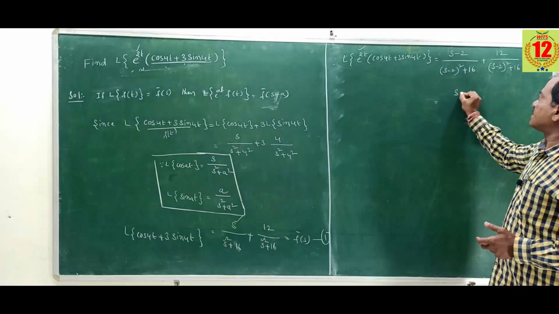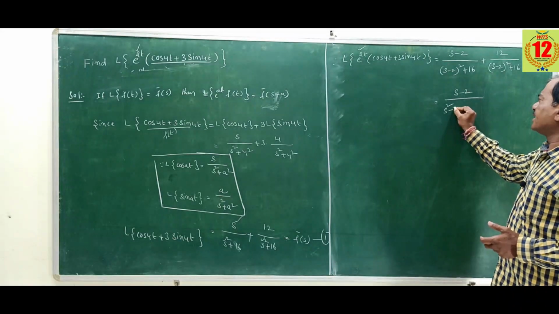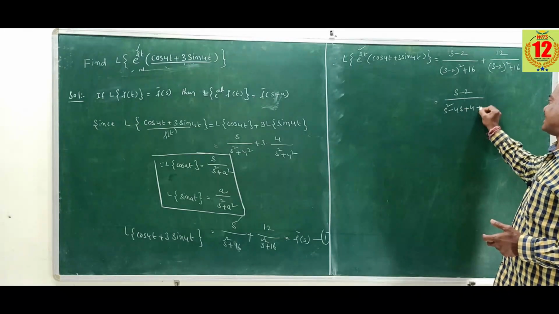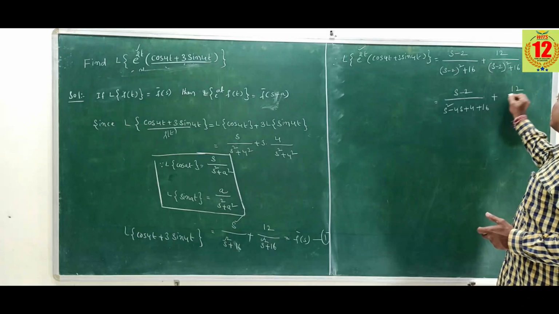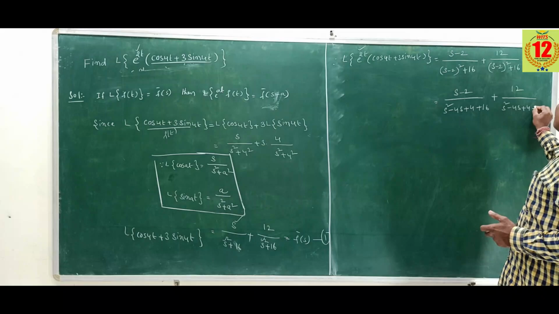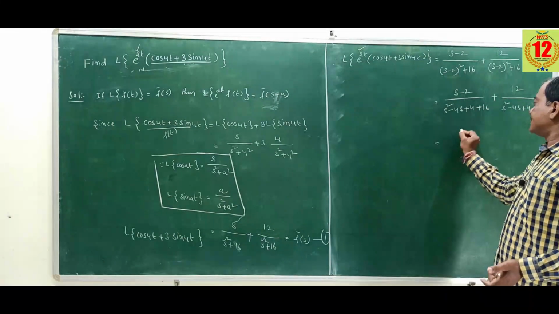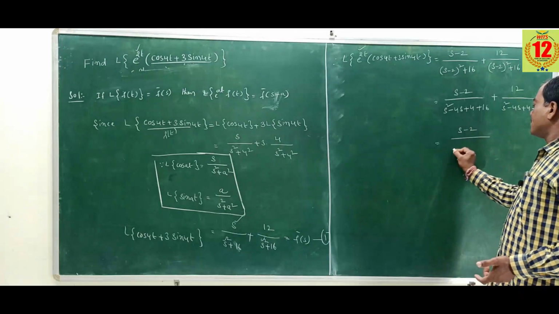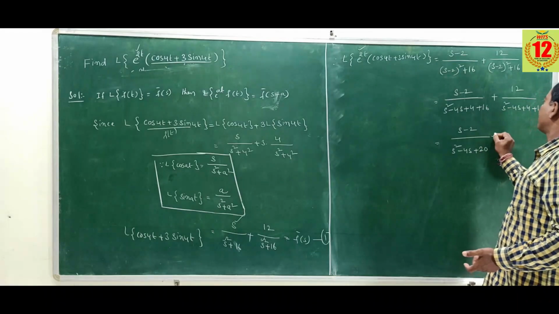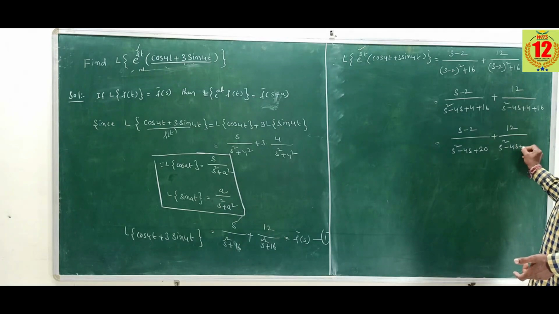After simplification, this becomes s minus 2 by s square minus 4s plus 4 plus 16, plus 12 by s square minus 4s plus 4 plus 16. So this is s minus 2 by s square minus 4s plus 20 plus 12 by s square minus 4s plus 20.